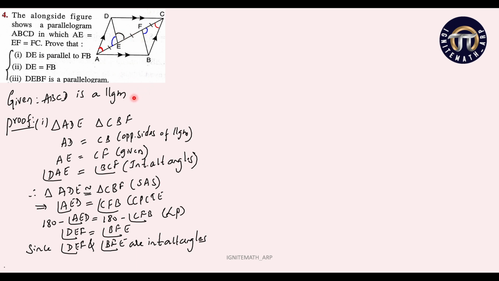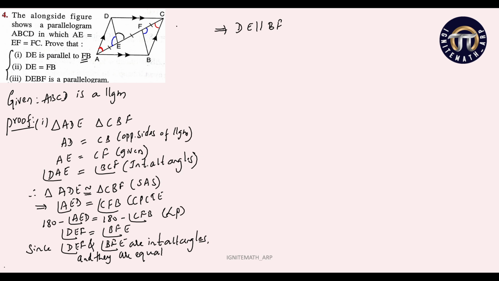Since the interior alternate angles are equal, what can we conclude? DEF and BFE are interior alternate angles and they are equal, so that implies DE is parallel to BF. So DE is parallel to BF, we have proved. Now we have to prove that DE is equal to FB.